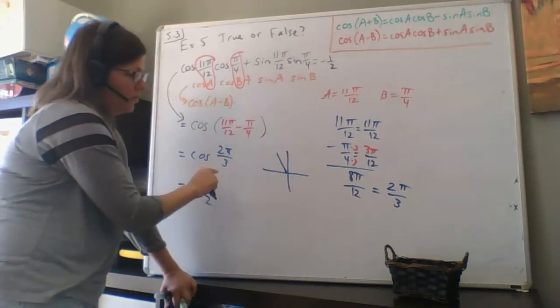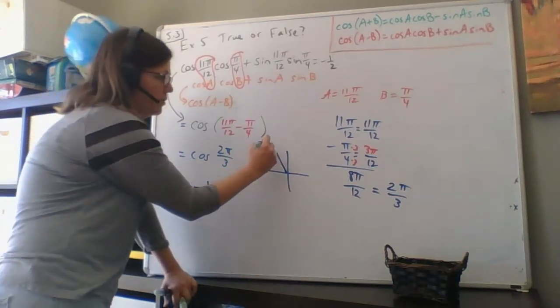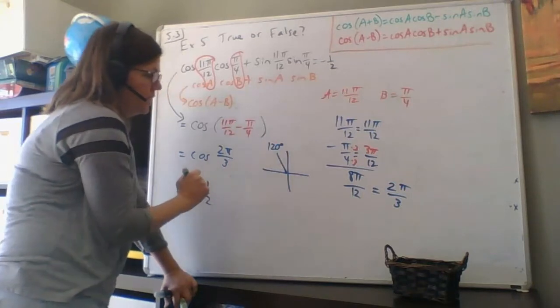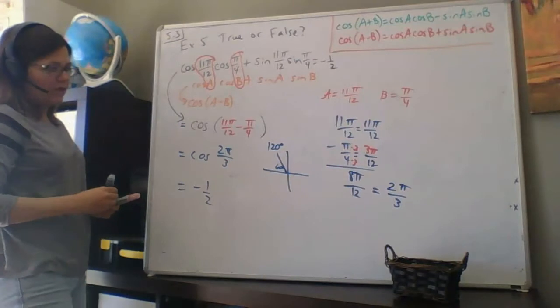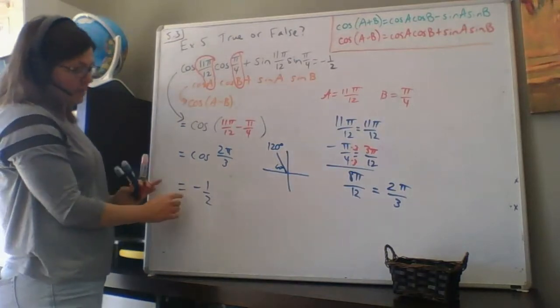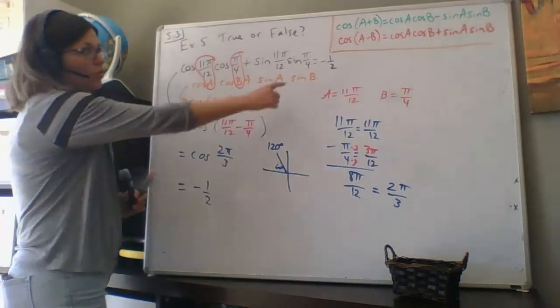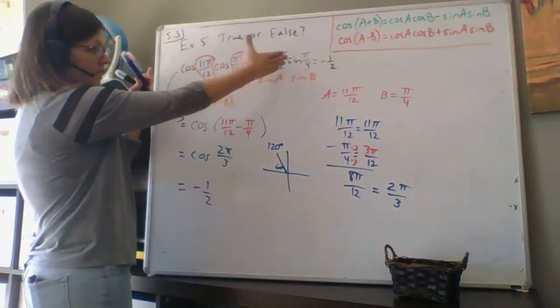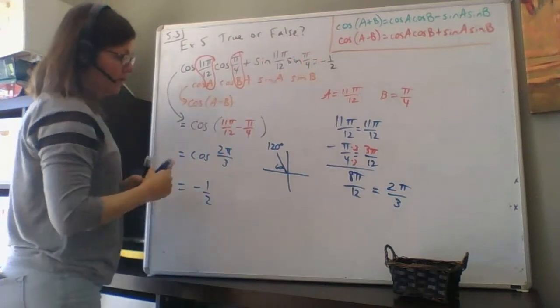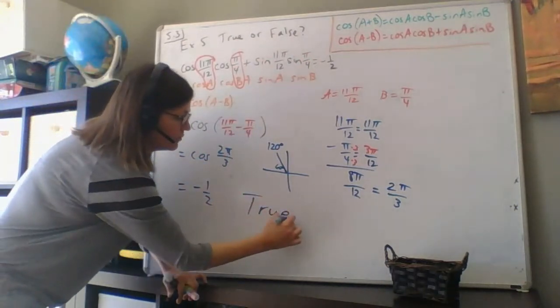Of course, you could also go to degrees as well. That would be 120 degrees, with that reference angle of 60 degrees. Either way, we get the cosine is -1/2, which is what the equation states. So since the left-hand side actually equals -1/2, it means this is true.